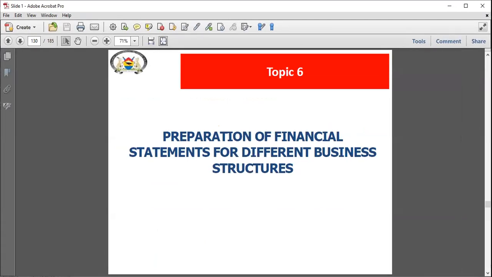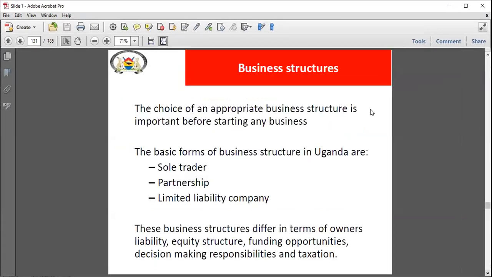Okay. And this forms part of what you exactly study. So we know that we have the sole traders, we have the partnership, and then we have the limited liability company, like the question that we basically do have. So you need to be able to understand what kind of business you are preparing for.